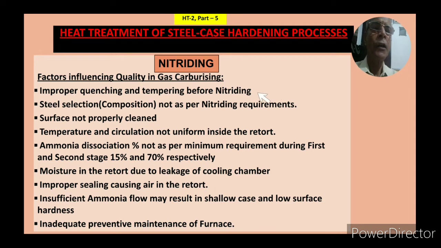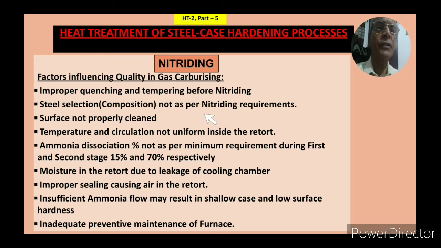So in that, quenching and tempering, all these things are required to be very proper. If it's not properly hardened and tempered, then you will not get a proper nitrided layer, and you will not get a proper property which is required in nitriding, means surface hardness and case depth, etc.